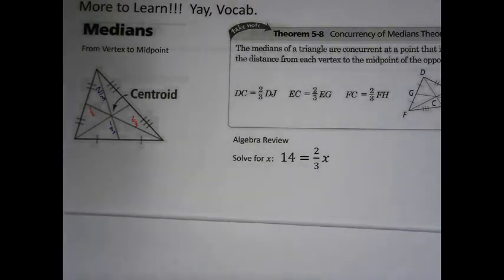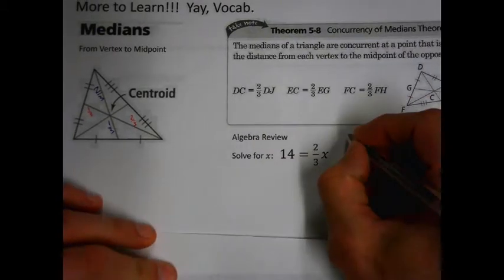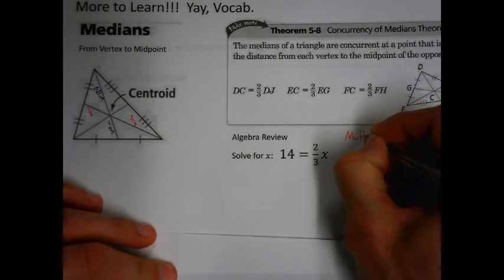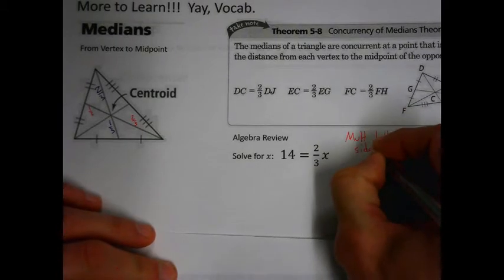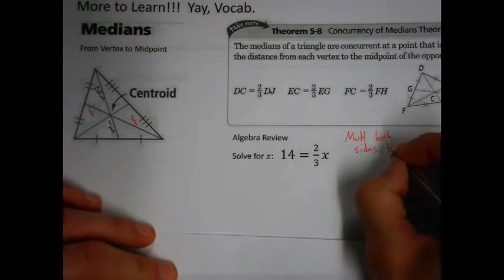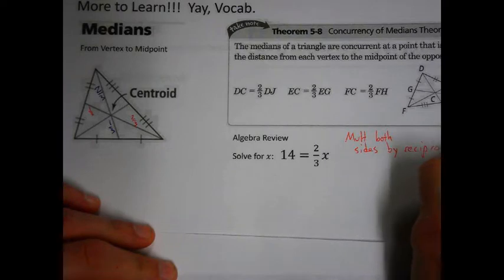Algebra review: if we have a crazy equation like this, we're going to solve for x. How do we do this? If you remember, there's a fast way where you multiply both sides by the reciprocal. That's a one-step way of doing it. How do you undo a fraction? You multiply both sides by the reciprocal.